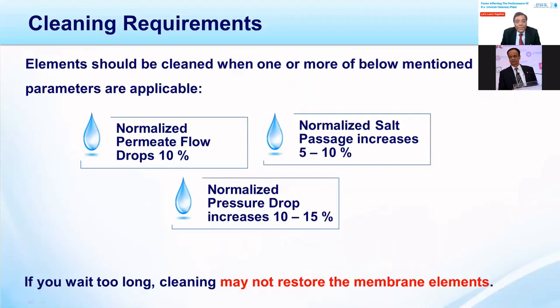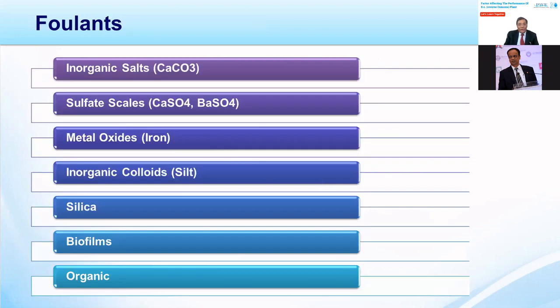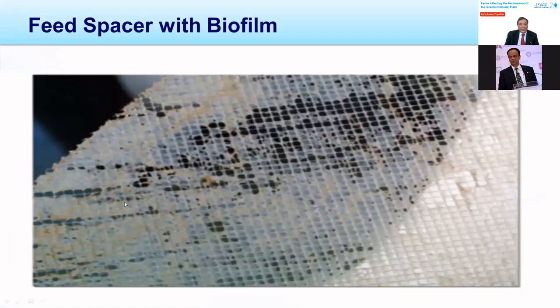Membrane cleaning. Whenever the normalized permeate flow drops by 10% or salt passage increases, that indicates the requirement of cleaning. These are the foulings of the membranes: inorganic salt, calcium carbonate, metal oxide, silica, biofilm, and organics. These are the contaminants.